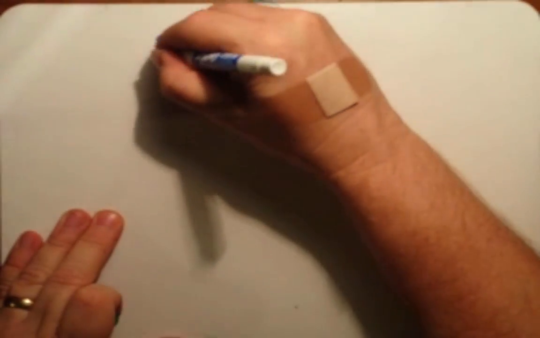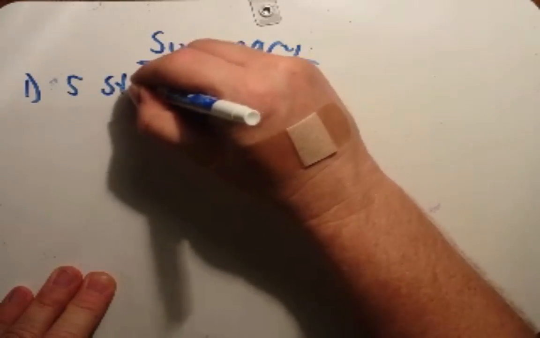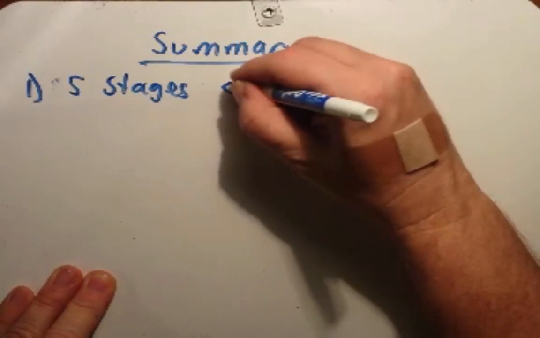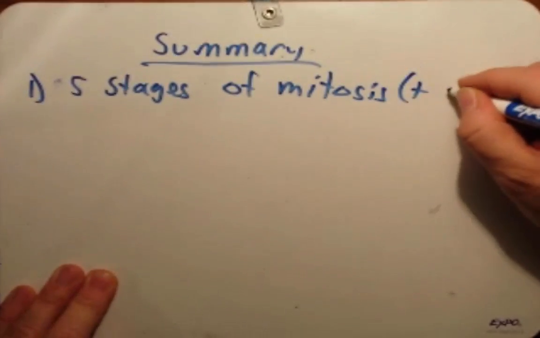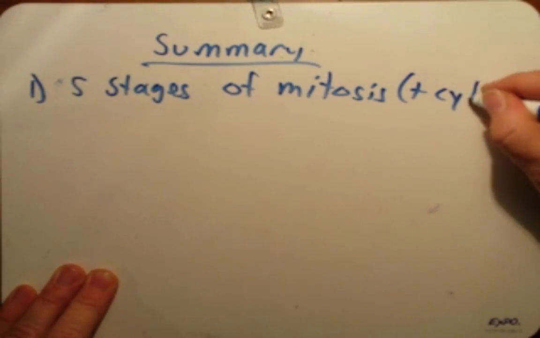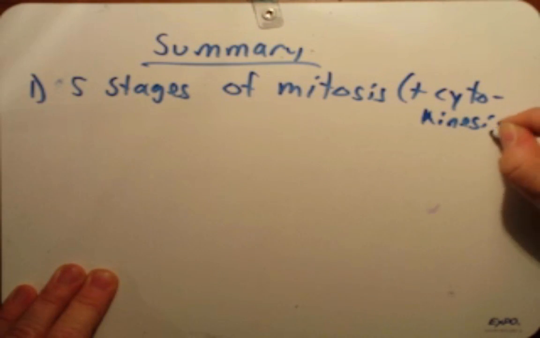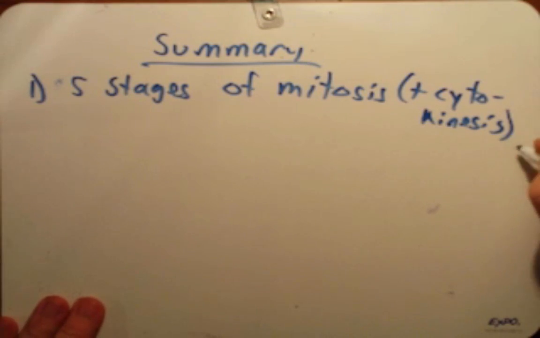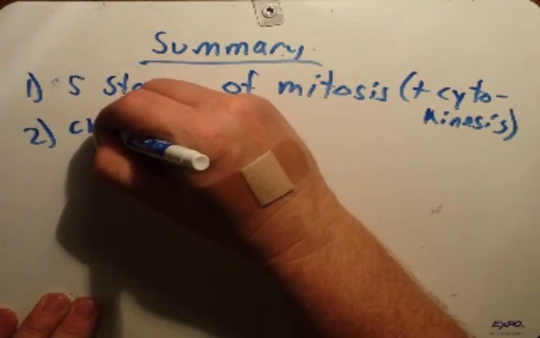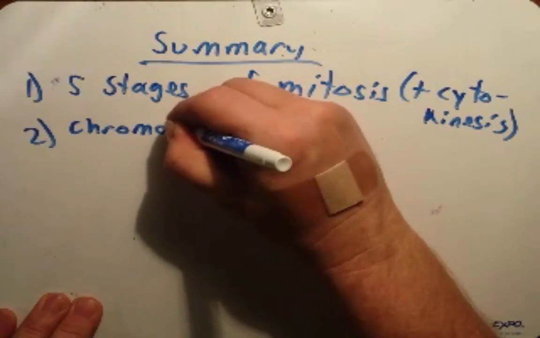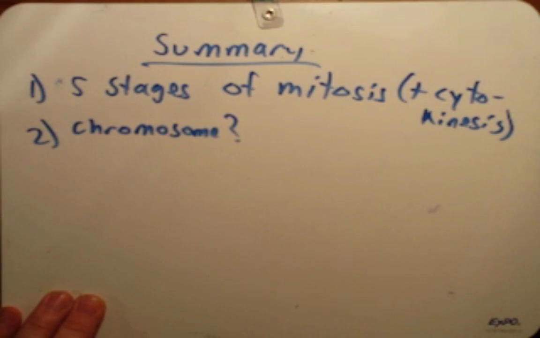Alright, so what should we have learned in this podcast? You should know the 5 stages of mitosis, plus cytokinesis. With each of these stages, know what's happening with the chromosomes as they're moving from one stage to the next stage.